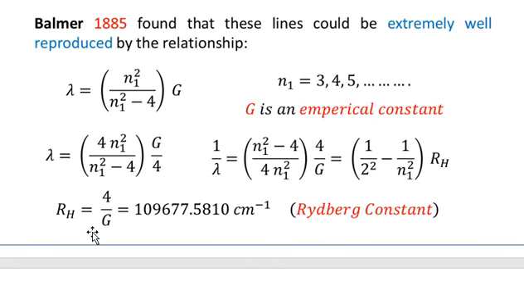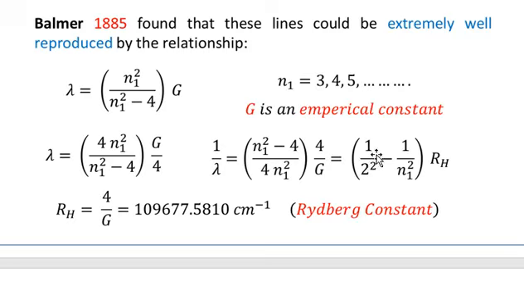This present shape of the formula is now being used in atomic physics, and the original formula of Balmer is no more used, but its modified form in terms of the Rydberg constant is being used today. This was worked out by Balmer, and it explains the series from the Balmer formula.